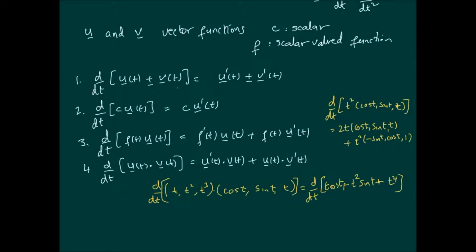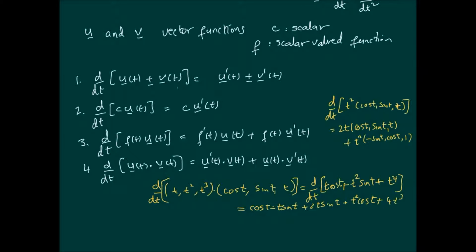We take the derivative of that, and of course t cos t is a product, so you get cos t minus t sin t, plus 2t sin t plus t squared cos t plus 4t cubed.